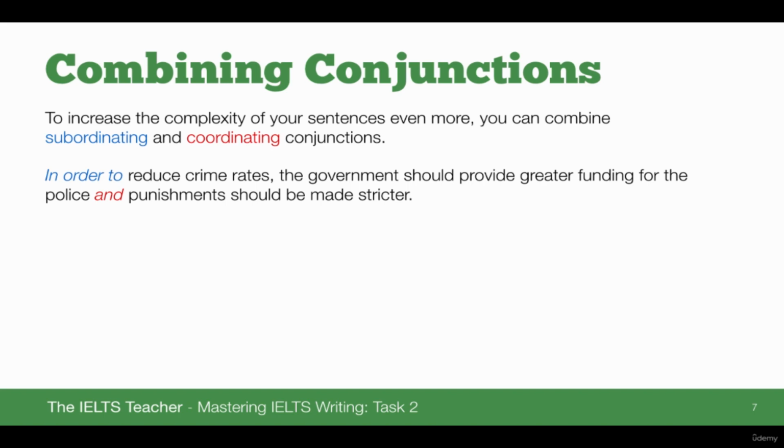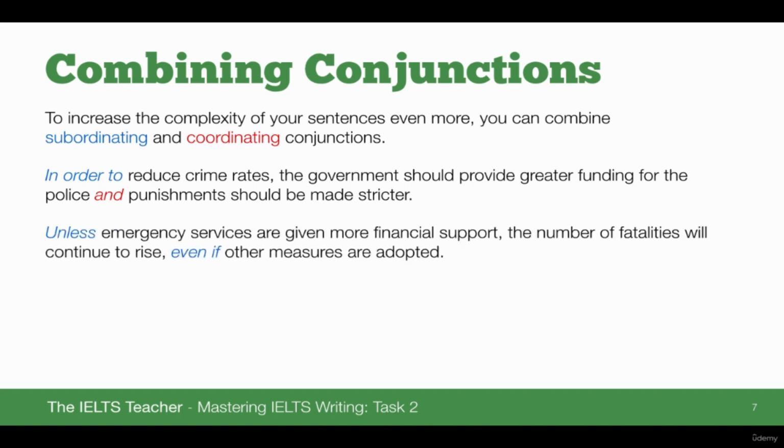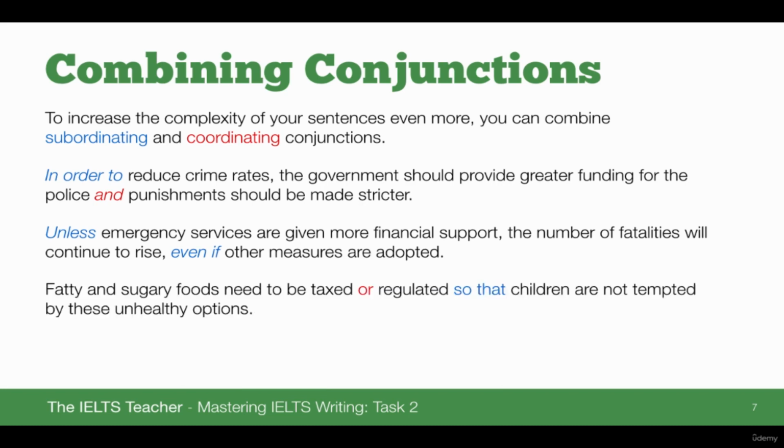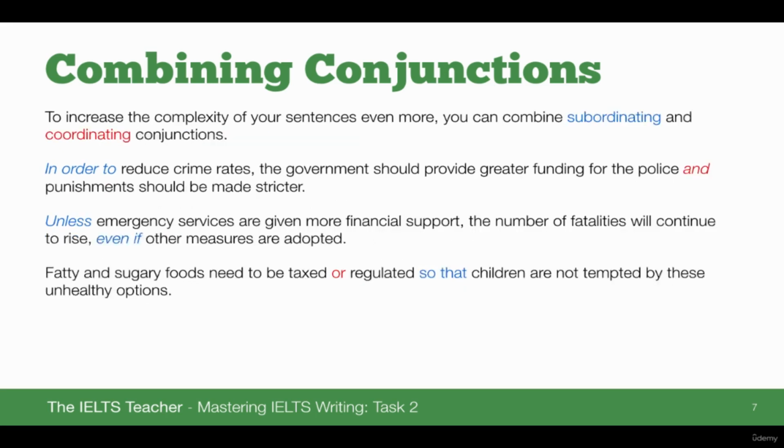In order to, subordinating; and, coordinating. Unless emergency services are given more financial support, the number of fatalities will continue to rise, even if other measures are adopted. Here we've got two subordinating conjunctions. Fatty and sugary foods need to be taxed or regulated so that children are not tempted by these unhealthy options. You're beginning with a coordinating conjunction and moving to a subordinating conjunction.